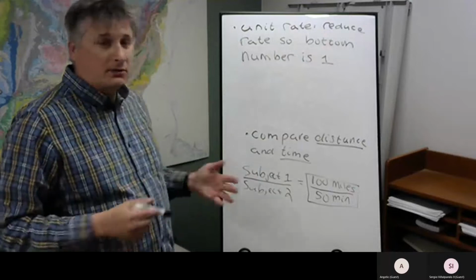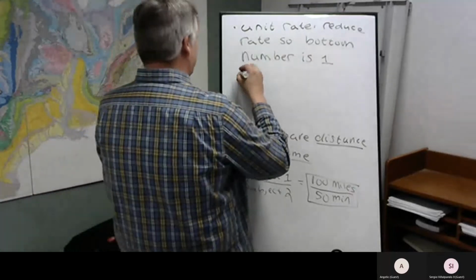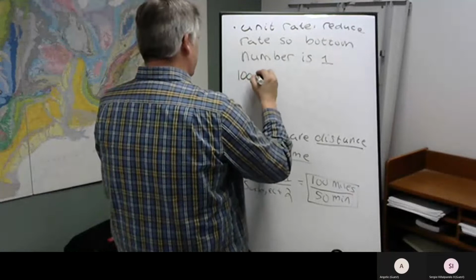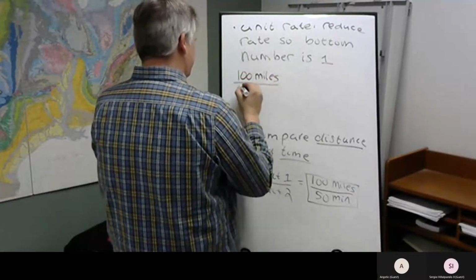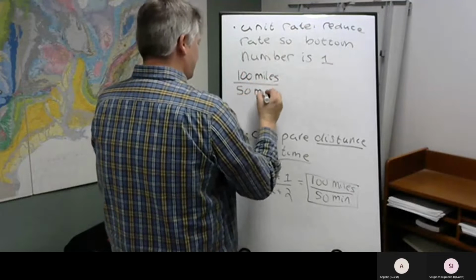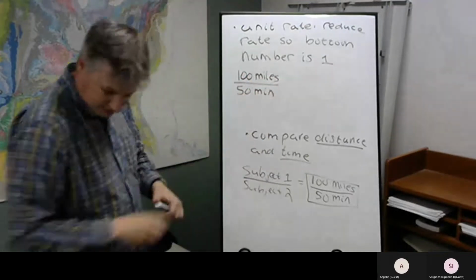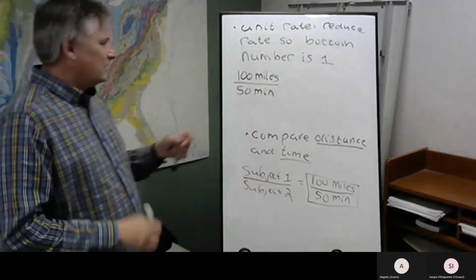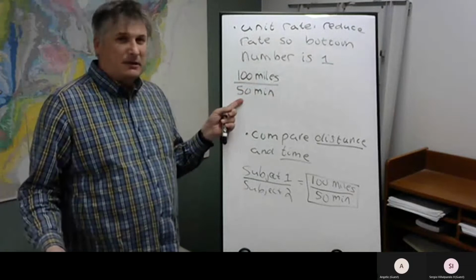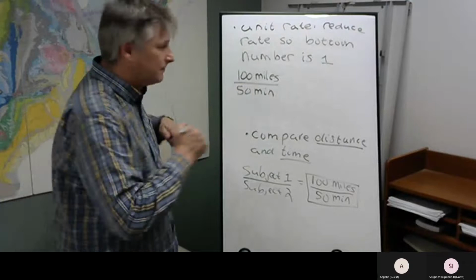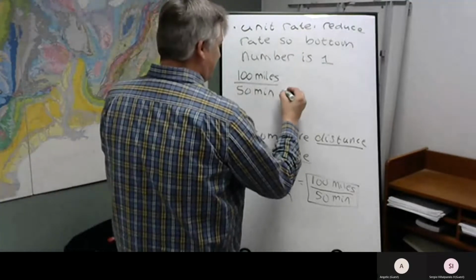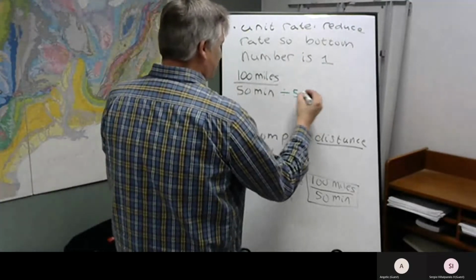So the way we can do this: instead of being 50 minutes, we want to make it 1 minute. So what we can do is divide by 50.